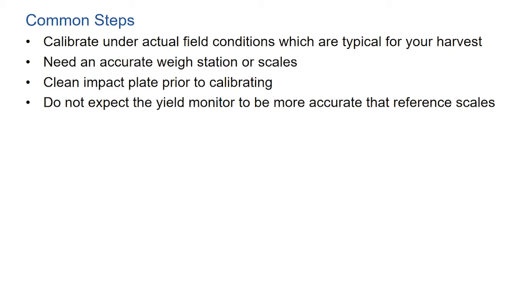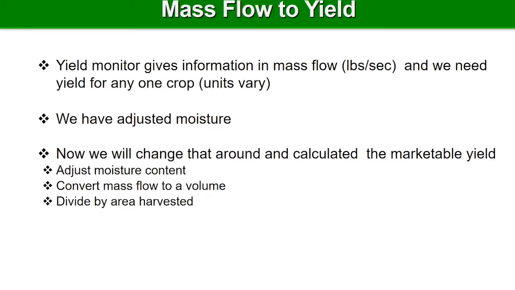Multiplying by that width gives you the area, and you need to weigh the harvested material, whatever you are harvesting, grain or sugar beet, and calculate the yield. And if you are off, you have to find out why you are off and what the problem is. And for that, you need to repeat this calibration method.